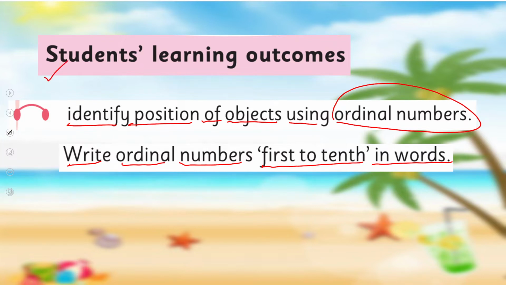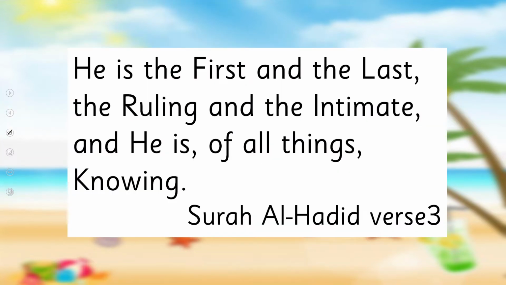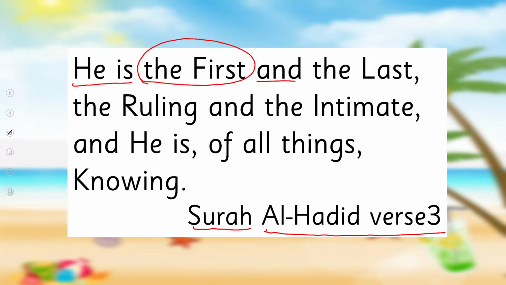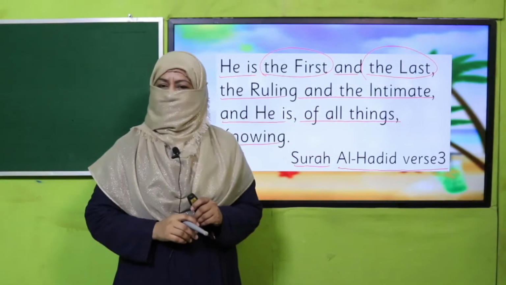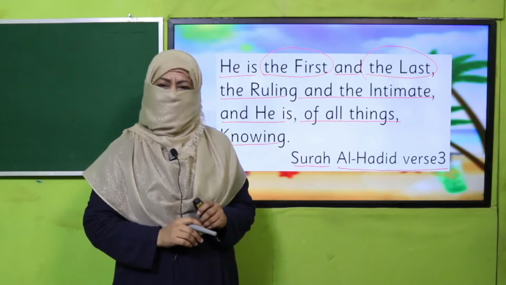Let's start with the name of Allah subhanahu wa ta'ala. Allah mentions in the Quran, Surah Al-Hadid, verse 3: He is the first and the last, the ruling and the intimate, and He is of all things knowing. Yes, my dear students, what is this beautiful verse telling us?